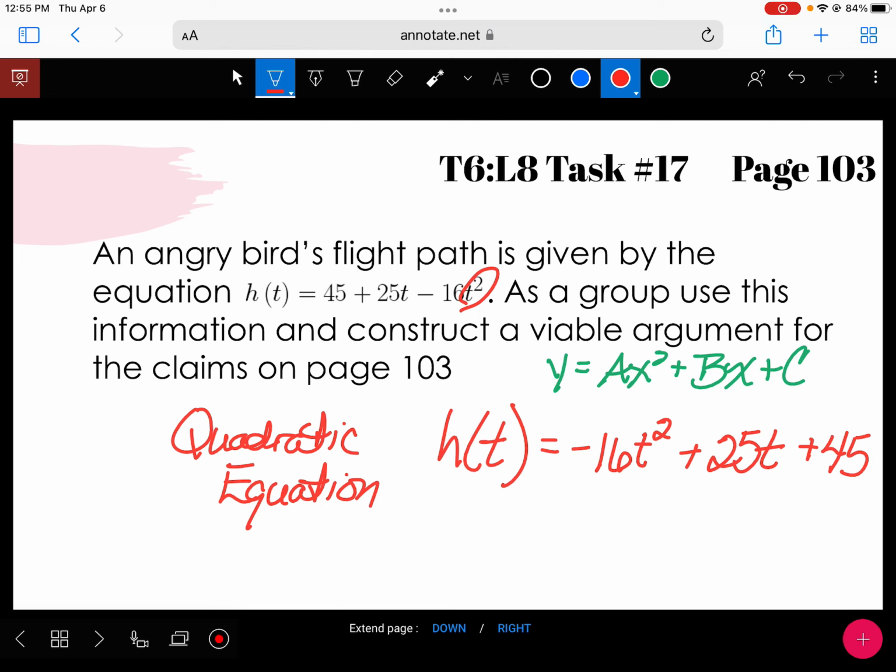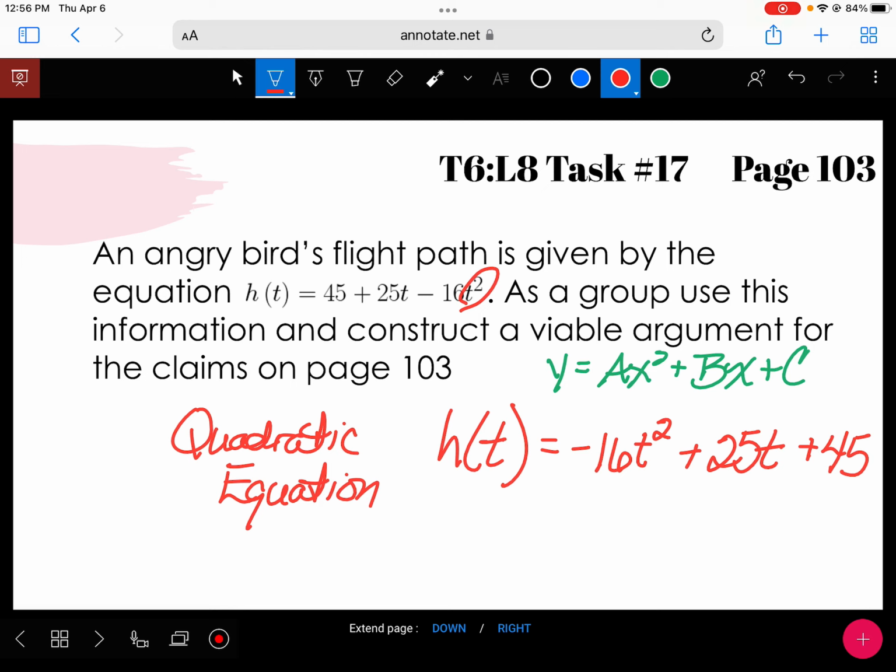Pigs are the things that you are hitting, the objects that you are hitting on those trajectories. Are there pigs at heights of 45, 57, and 65? If they're at those heights, are they going to be hit or not?